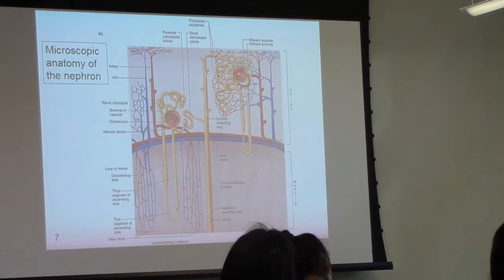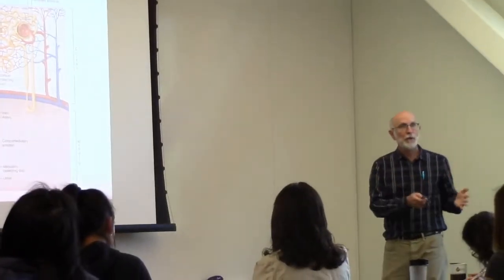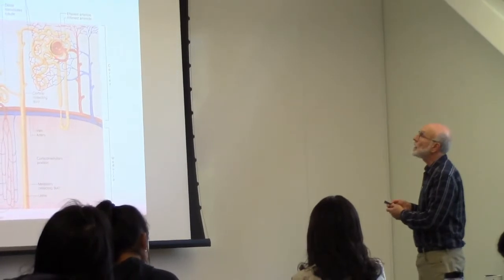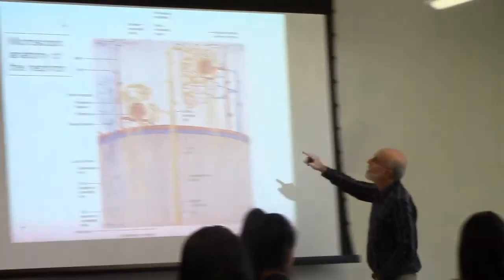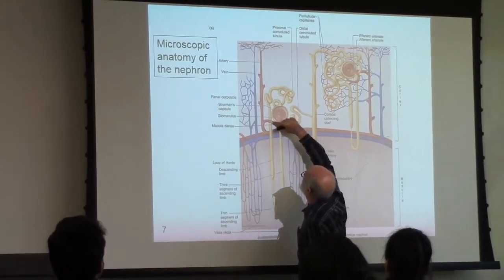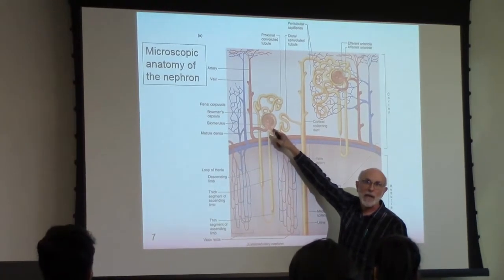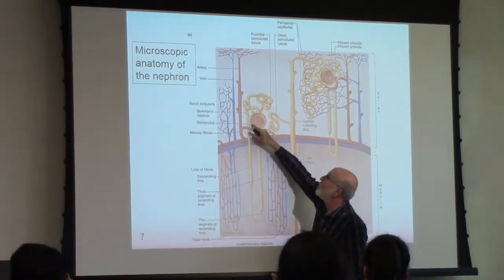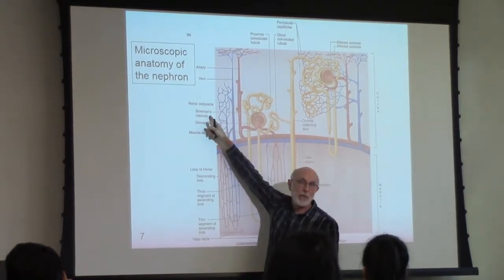Filtration is happening here. The filtrate, the fluid that was filtered out of blood, is collected into a space called Bowman's capsule. Just like the name of the word on the outside of the kidney, the thing that surrounds a glomerulus is called Bowman's capsule.